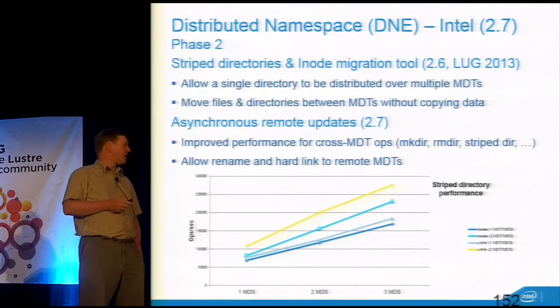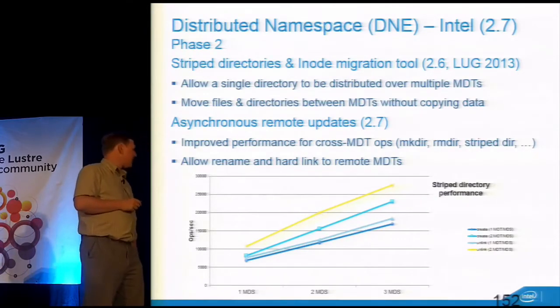Just a little graph at the bottom that shows 1, 2, 3 MDSs with 1 or 2 MDTs per MDS. And as we would hope, for a single directory you can get fairly good scalability.